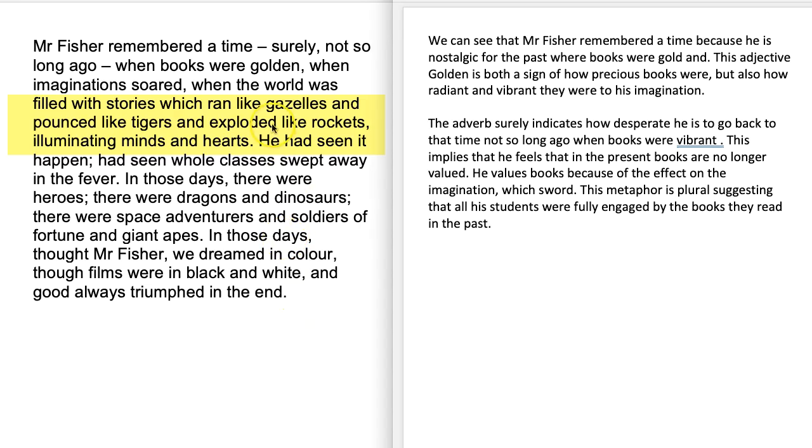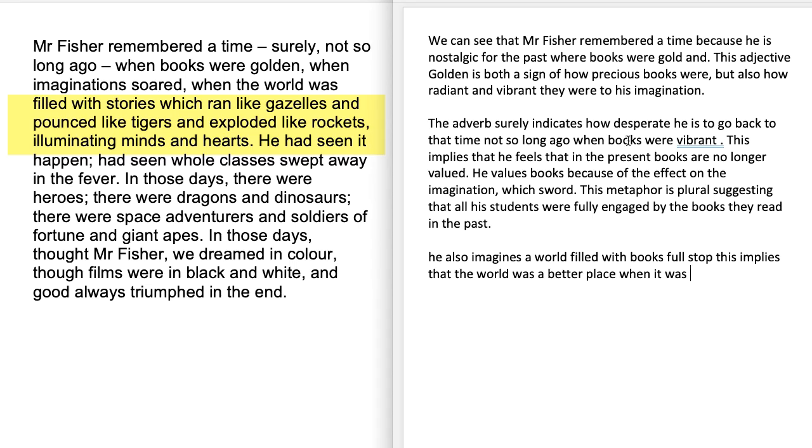Right. I found quite a bit to write about before I've even got to the similes, so we're going to the similes next. He also imagines a world filled with books. Full stop. This implies that the world was a better place when it was filled with stories. Full stop.